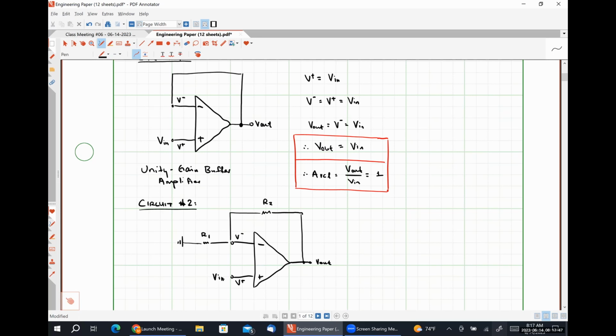Okay. So just as a quick aside, when R2 approaches 0 ohms and R1 approaches infinity ohms or an open circuit, this is a unity gain buffer.